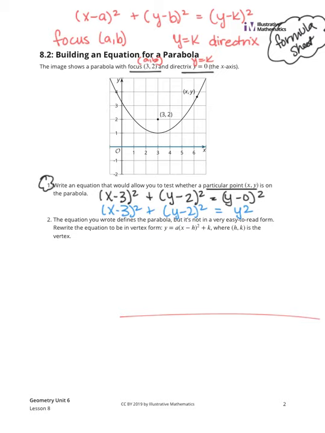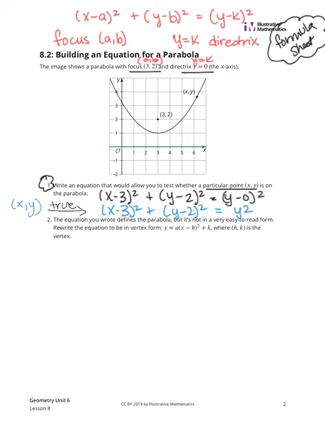Sorry about that, I think I added an extra line. Let me erase that. So I now want to take us back to an important aspect of algebra for just a moment. When you have an equation, whether it's the equation of a line or the equation of a circle, or in this case, an equation of a parabola, in order for a point (x, y) to be on my parabola, it has to make the equation true.